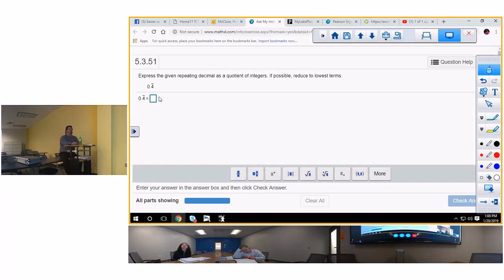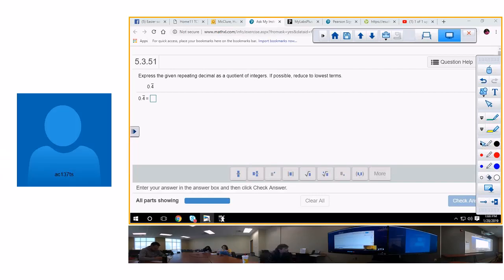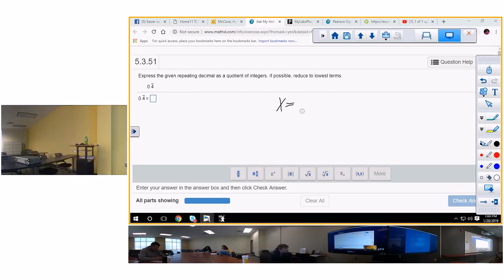Let's do it. x is equal to 0.4 repeating. 10x is equal to 4.4 repeating.